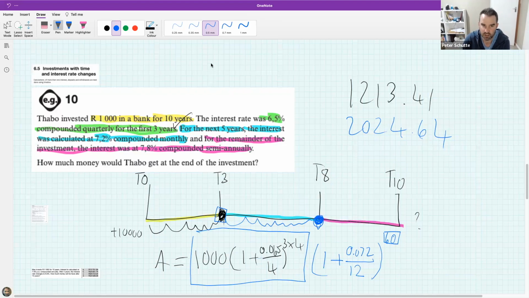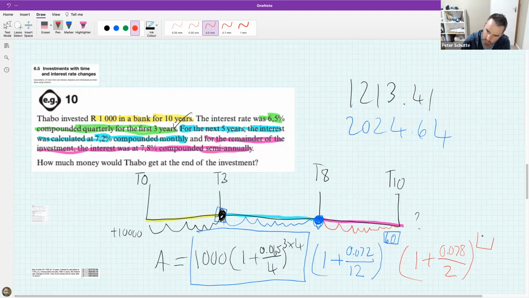But the question didn't say after 8 years, it said after 10 years. And so what we're going to do now is attempt to grow this whole thing here for another 2 years. You can imagine this whole front thing is a block, and we get 1 plus, now I have to look at my interest rate, 0.078 divided by 2, semi-annually.